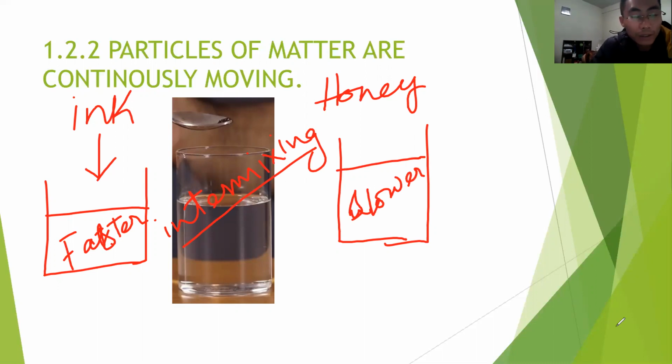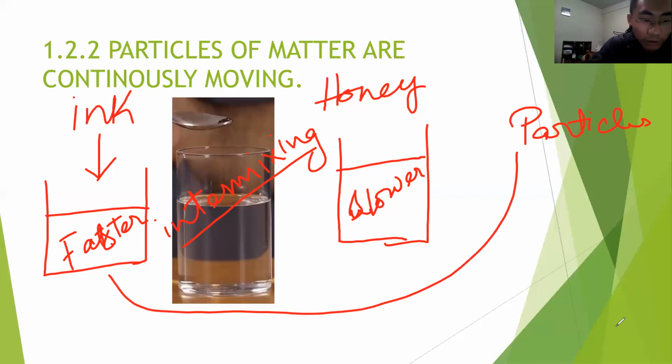See, this is because ink and honey also have particles. But in case of ink, the particles are much faster, and in case of honey, the particles are much slower.